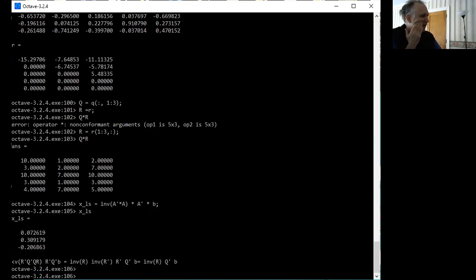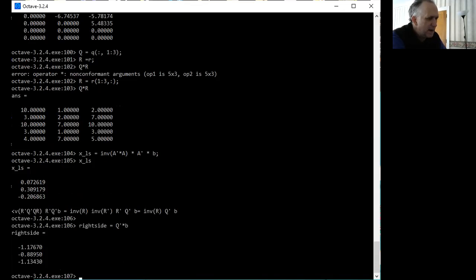So now if I want to find the least squares, I just need the inverse of R, Q prime B. Q prime B is going to go so fast. Let's do Q prime B. So let's go right side. Right side equals Q prime times B. Okay, and now it's ready to solve by back substitution. My XLS is going to be R inverse times right side.